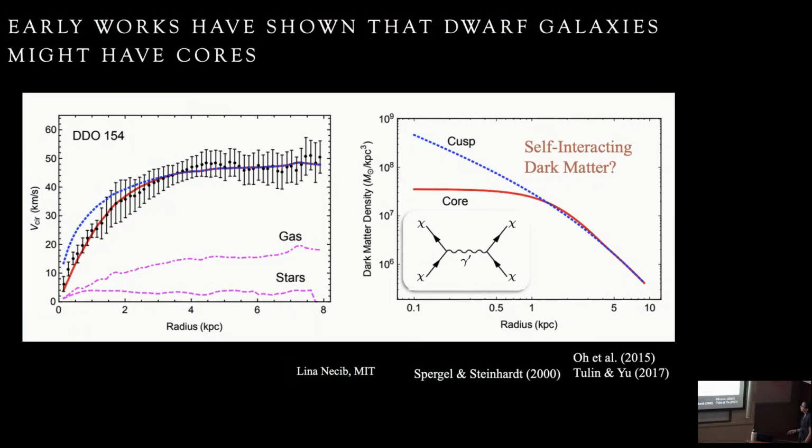In a lot of previous work, including some back in 2015, we found that in some galaxies, if you were to fit the rotation curve with a core or a cusp, a core is actually preferred. And for these small galaxies, baryons don't really do much, which means that if you end up with a core that you can trust, it means that there is some interesting dark matter physics going on.